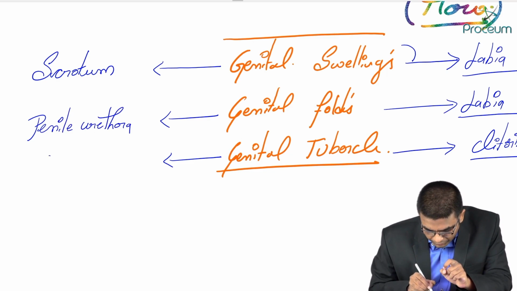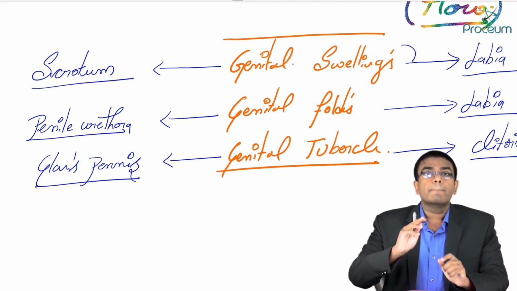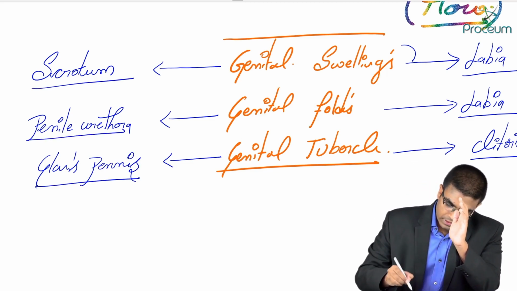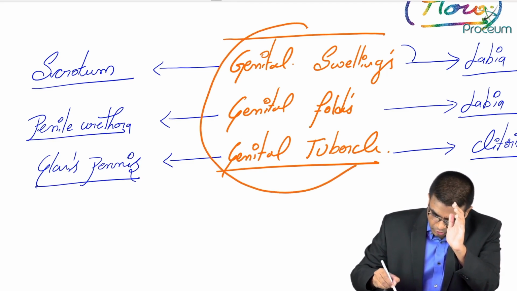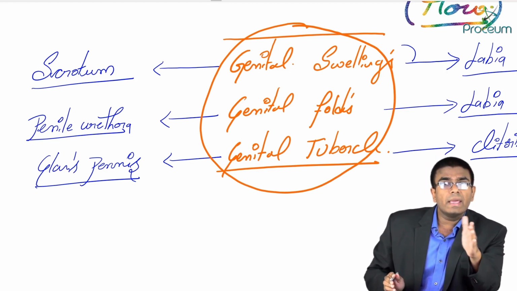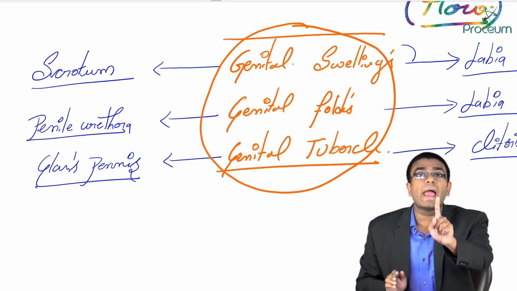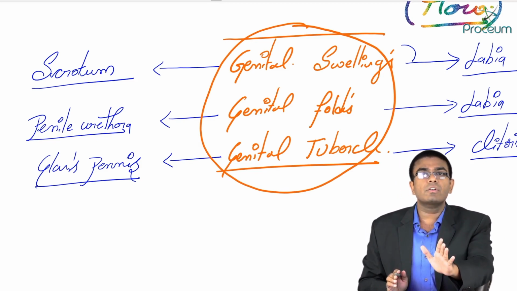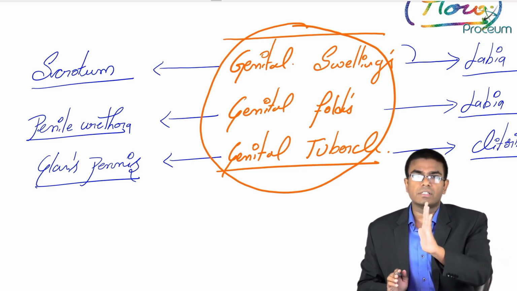Genital tubercle will be converted into glans penis. Okay, now the differentiation of these embryological structures either into male or female external genitalia depends on androgens. If there are androgens, male external genitalia; no androgens, female external genitalia.